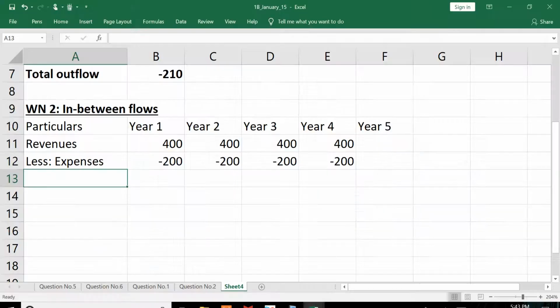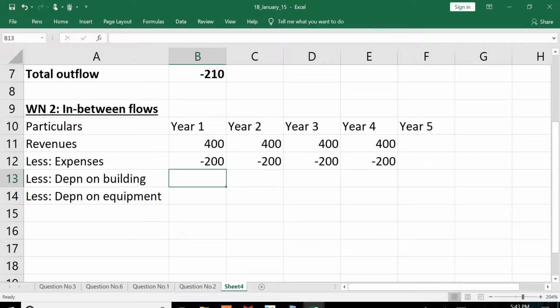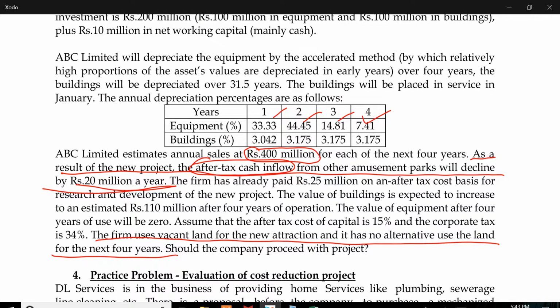So what we will do here is less depreciation on building, depreciation on equipment. They have given some percentages. In those percentages you put depreciation on building.